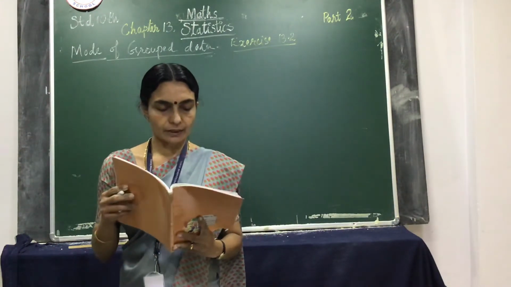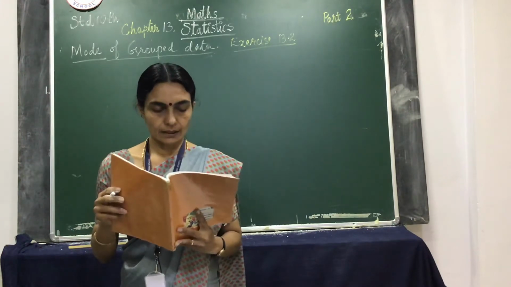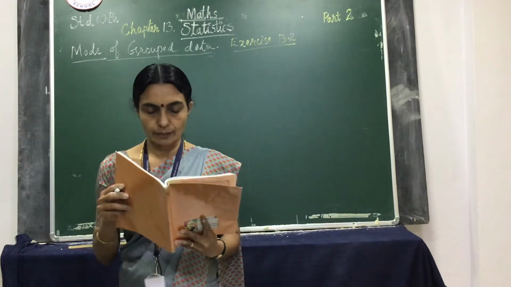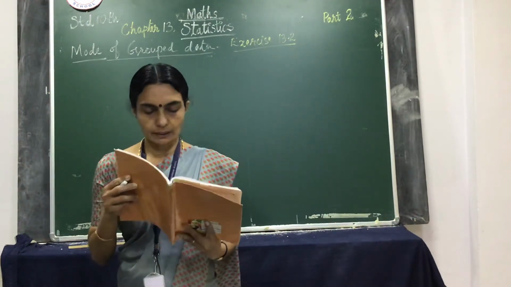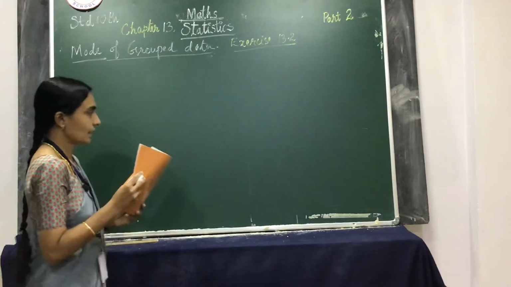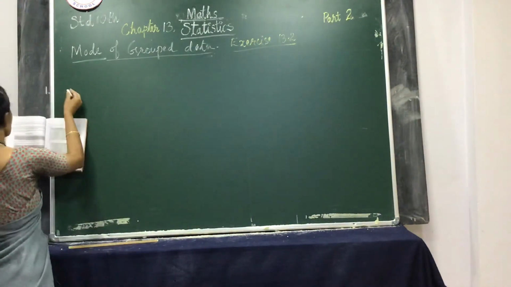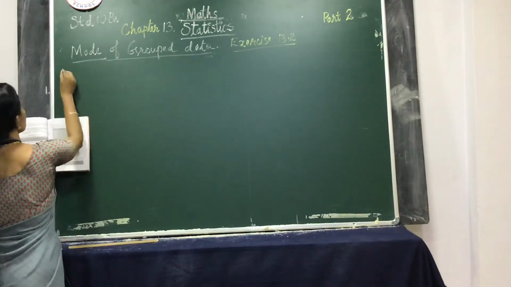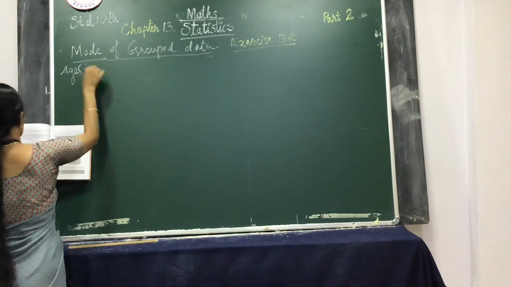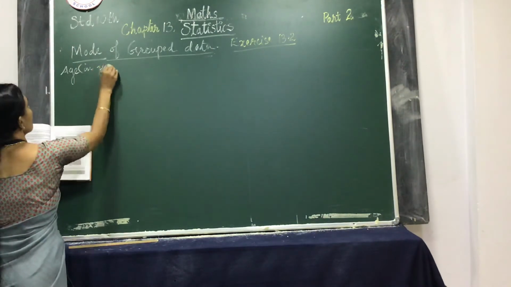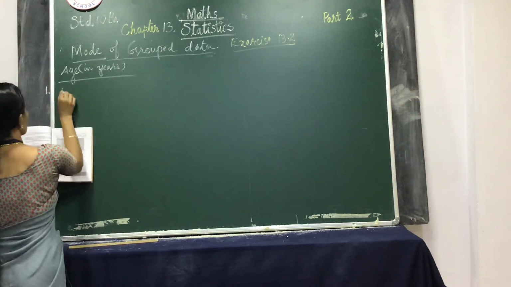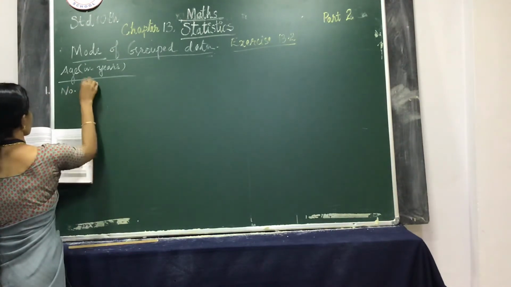The data is given as the age in years and the number of patients. Find the mode and mean of the data given above. Compare and interpret the two measures of central tendency. That is, here we have the data: age in years and number of patients admitted in a hospital.